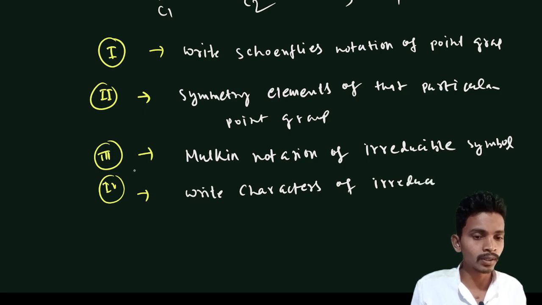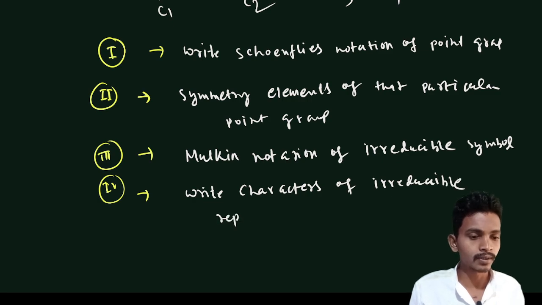So here in 3 we will write the notations, and in 4 we will write the characters of irreducible representations.